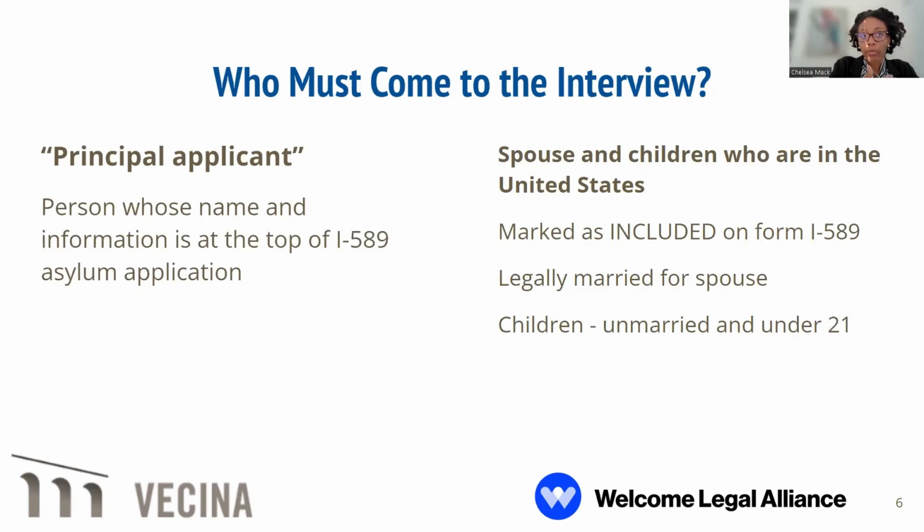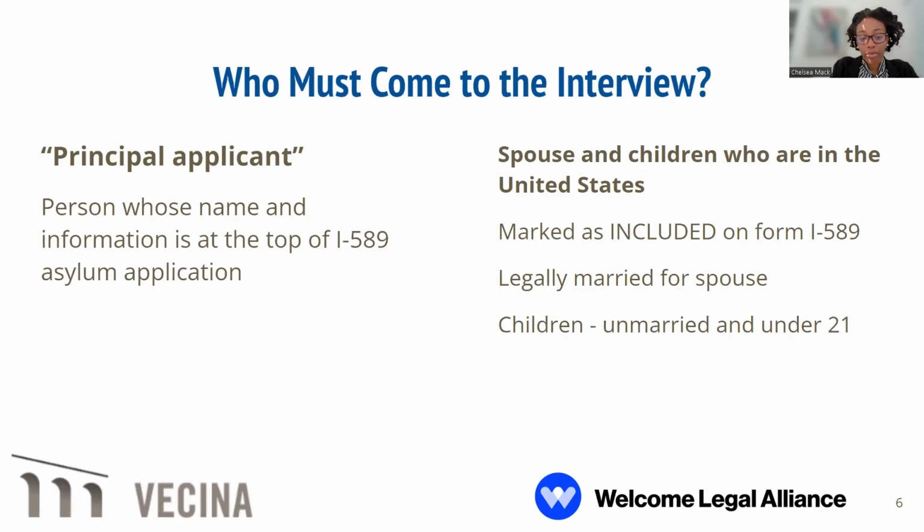Now, when we say included, it means that on pages 2 and 3, and any other addendums that you may be adding in when you're listing that spouse or child's information, there's the question that asks whether the spouse or child intends to be included on the application. They need to be marked yes. And again, this is just spouse and children who are in the United States.